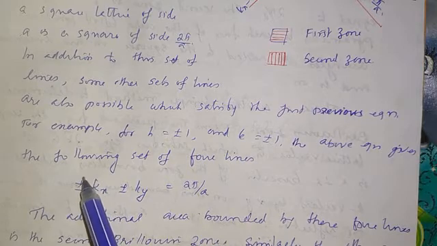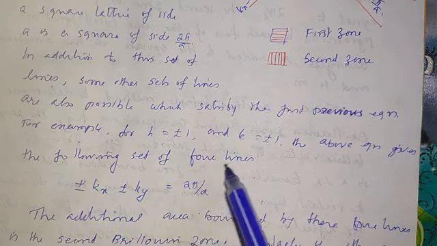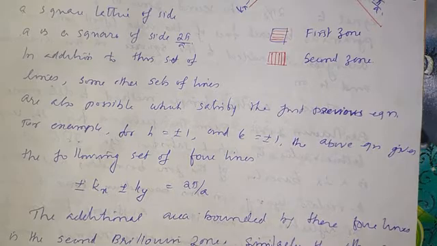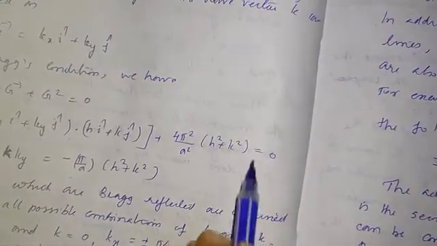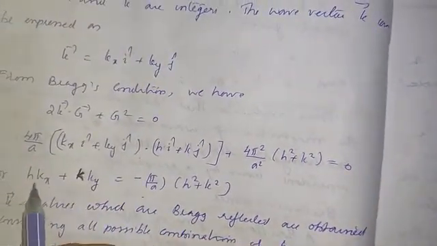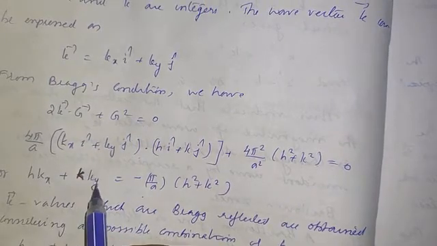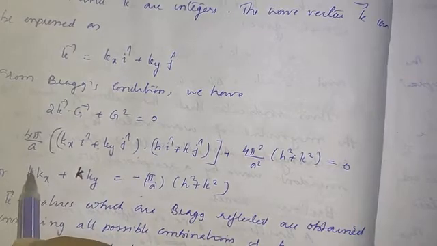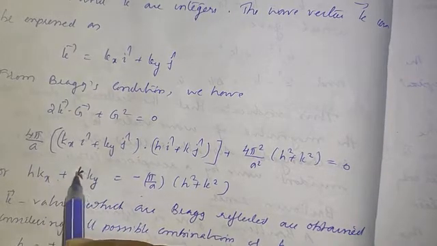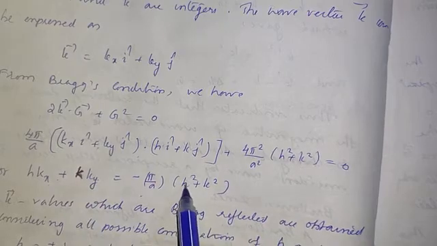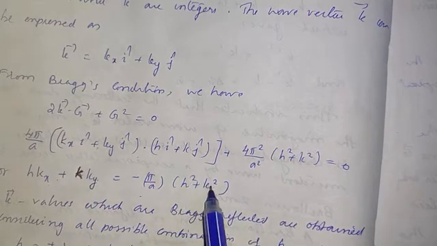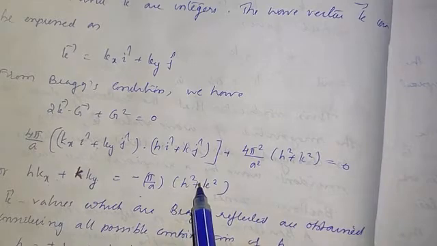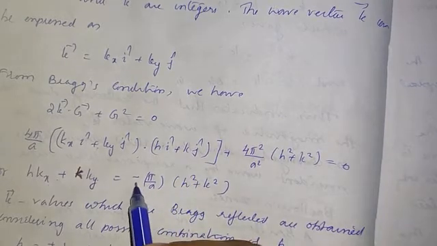The above equation gives the following set of four lines. So what we are doing here is h is equal to plus or minus 1 and k is equal to plus or minus 1. From this equation we get plus or minus 1 kx, plus or minus 1 ky, and plus or minus 1 squared plus or minus 1 squared, which will give you 2.